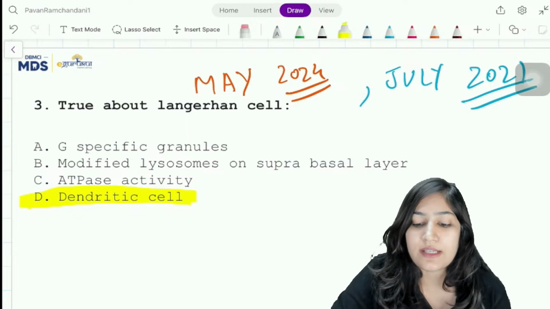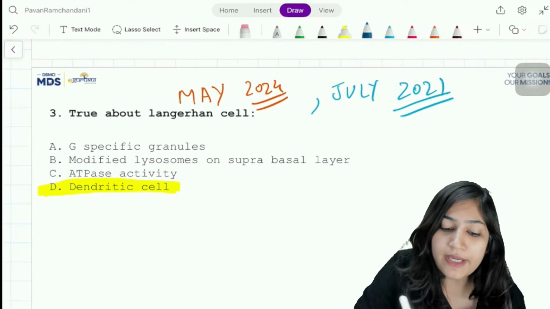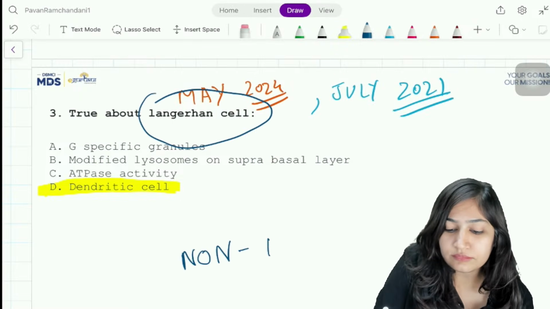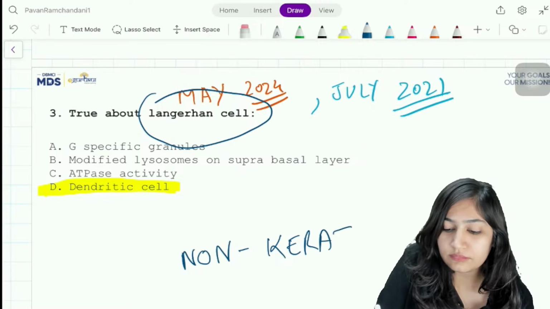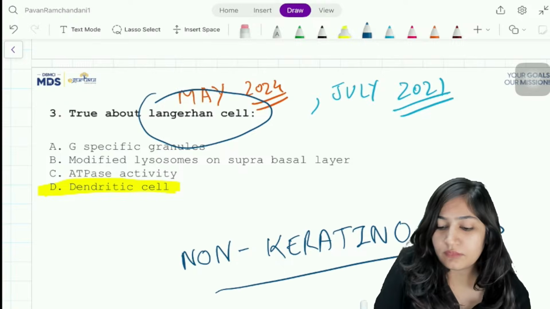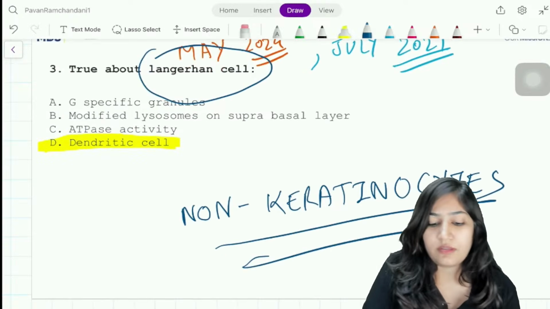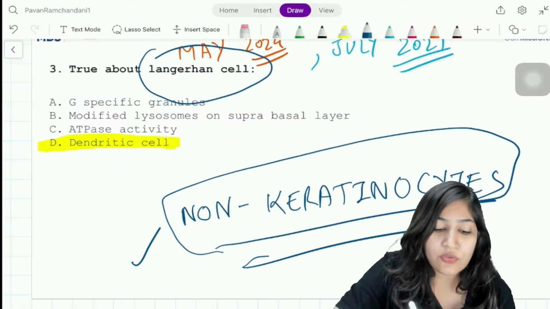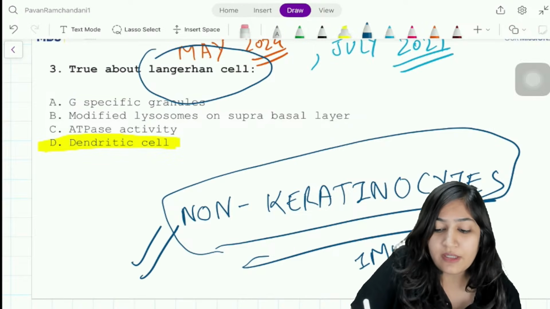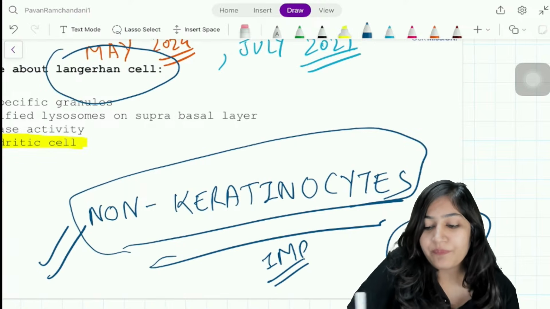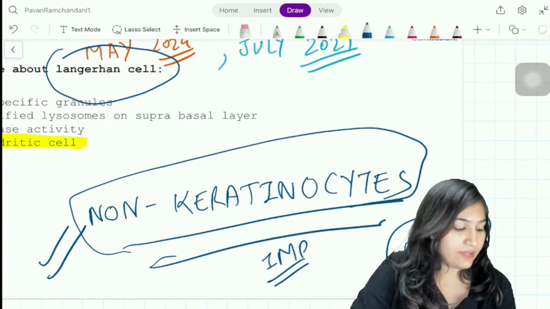So you can see you are getting repeat questions on non-keratinocytes two times. So it is again an important topic which is from OMM. OMM is definitely an important topic, right?